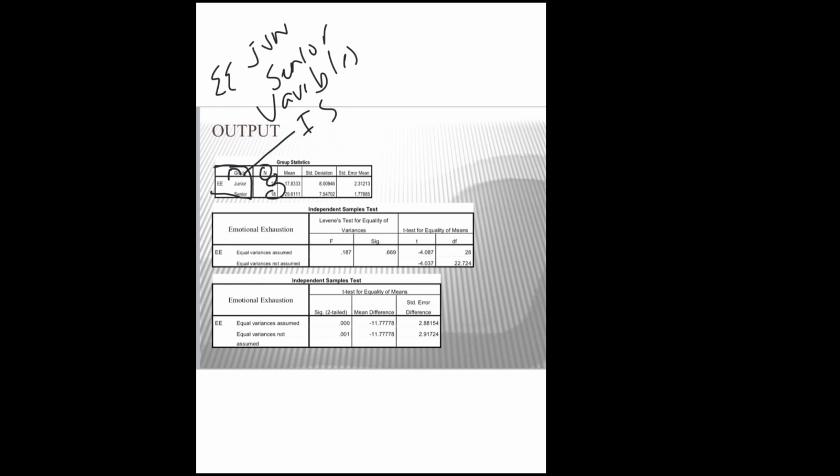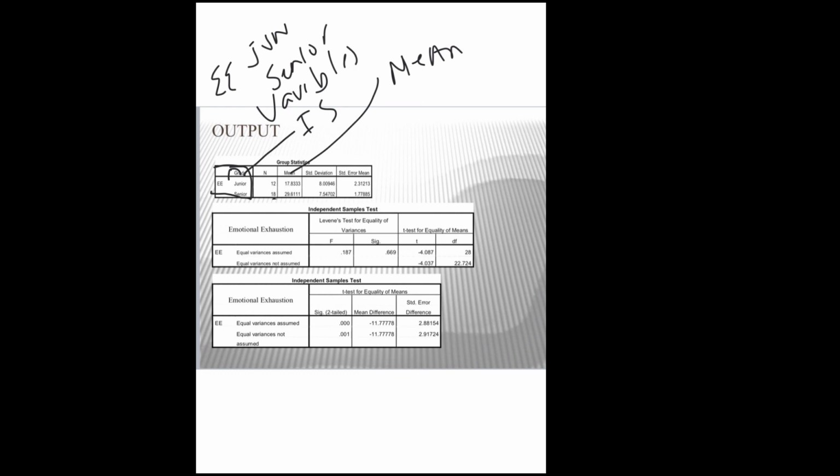We're going to do some erasing as we go along here too. The next one up is your mean. In this test, we're looking at the two unrelated groups, and we are going to first look at between the means, and then we're going to look at the means individually to draw the end conclusion.